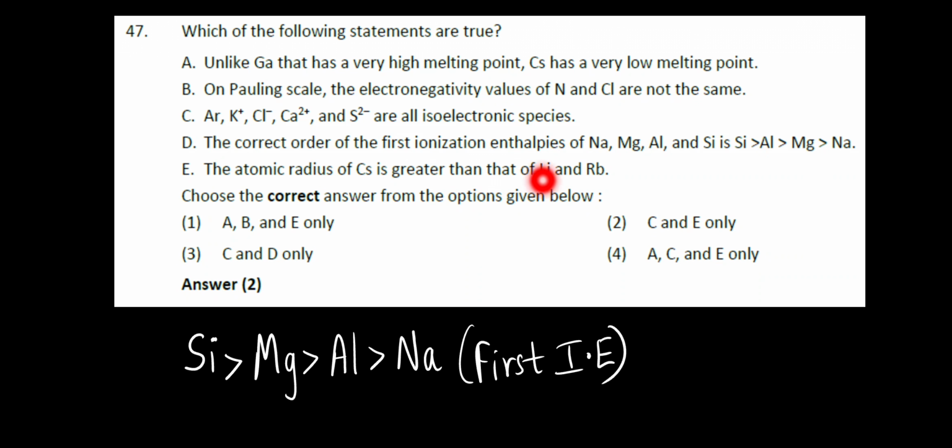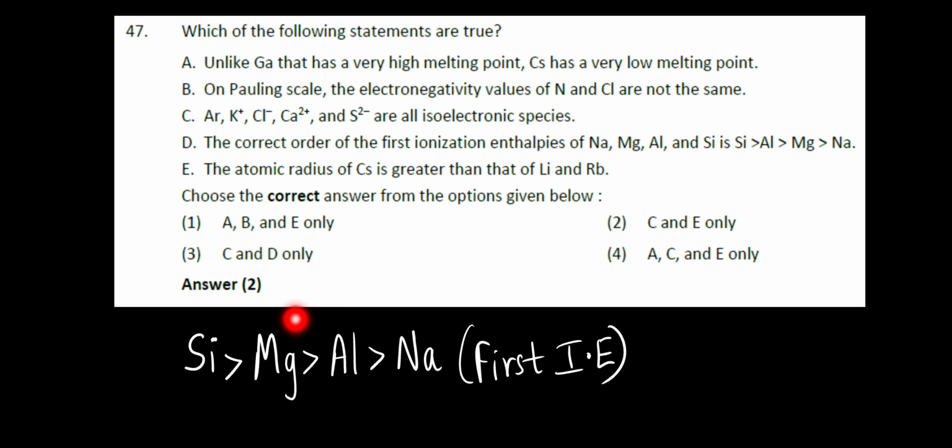Next: the correct order of first ionization enthalpy is this. Now you might think that aluminium is on the extreme right of the periodic table and magnesium is at the start, so aluminium has a lower size, so the ionization energy of aluminium should be higher. And you might mark D also as a correct answer. That would be incorrect. Why?